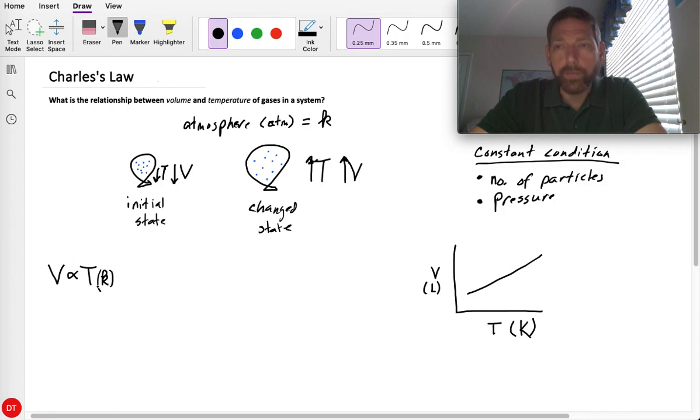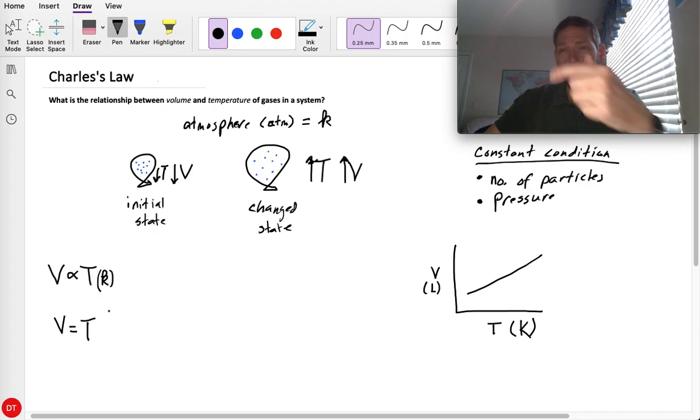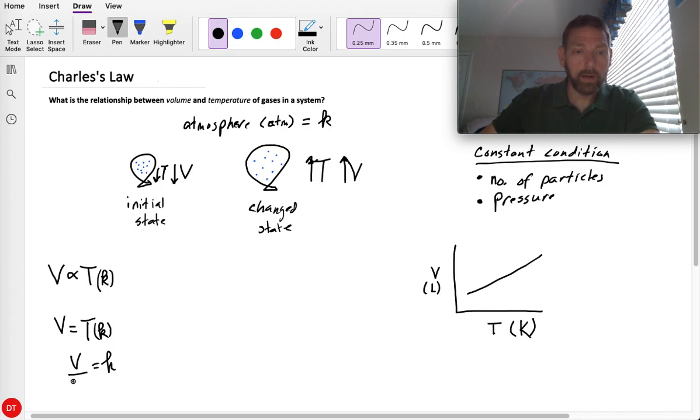In this case, we know it has to do with the atmospheric pressure. So that also means that volume would be equal to the temperature, capital V and capital T, times the constant, which means that the constant here is equal to volume divided by temperature.